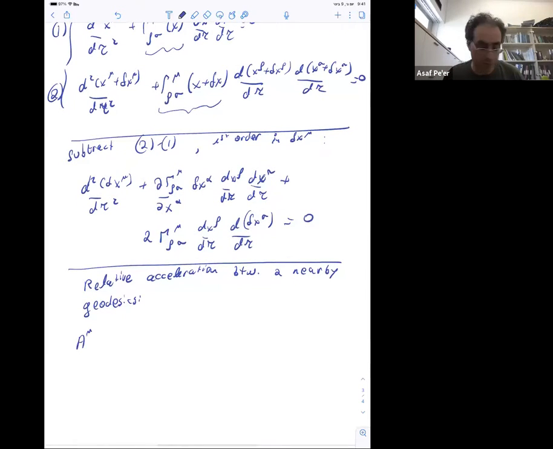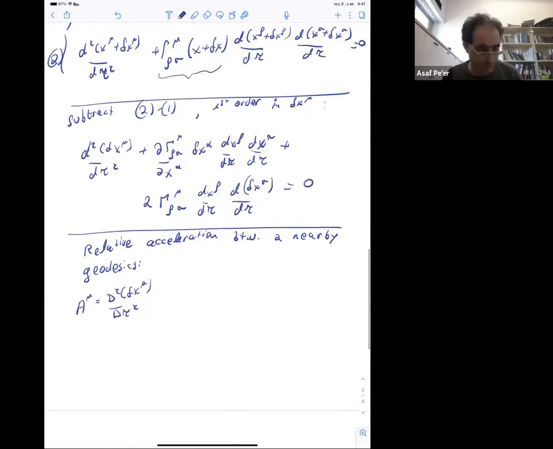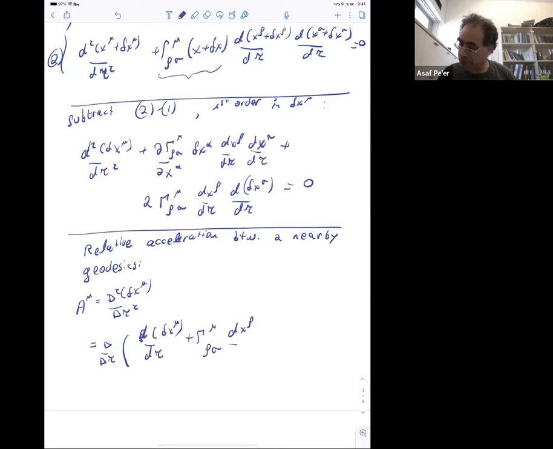A^μ is d²δx^μ/dτ². So d/dτ of, now we take the first derivative. Of course, it's a covariant derivative, so it's the regular derivative, dδx^μ/dτ, plus Γ^μ_ρσ dx^ρ/dτ times δx^σ.